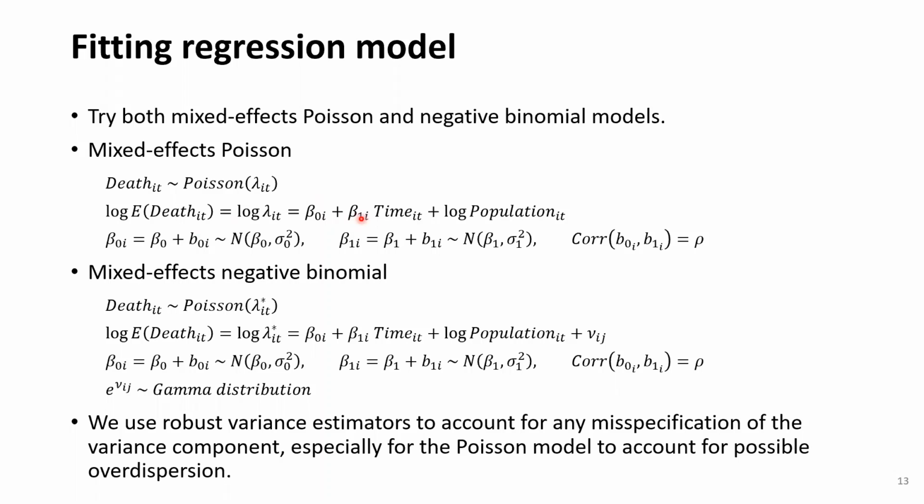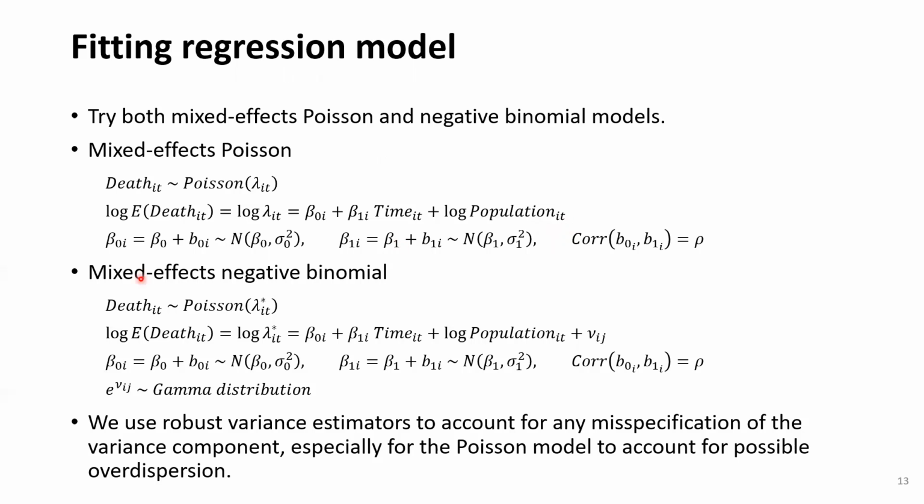You see the i subscript here as well, so the slope also varies across cities. Plus an offset term, which is the population of city i at time t.